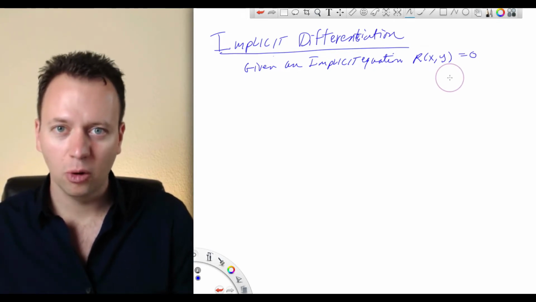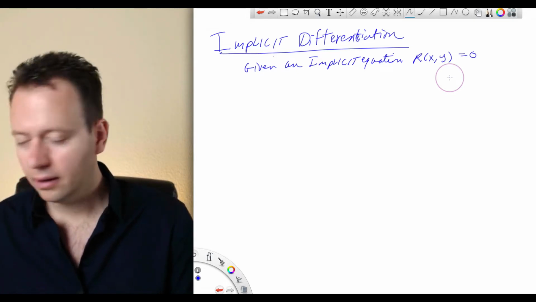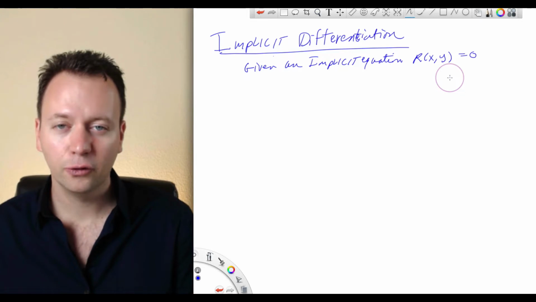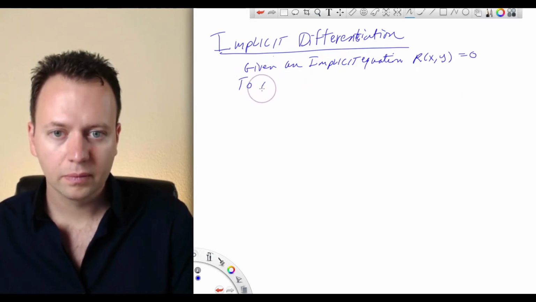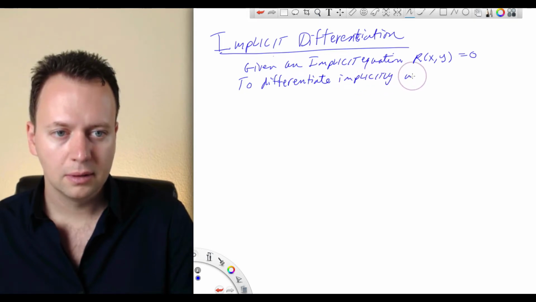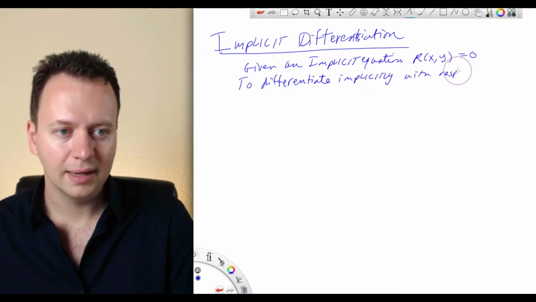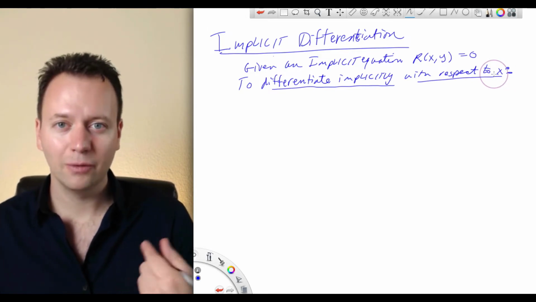to either variable implicitly. So the following will be how to differentiate implicitly with respect to x. You always have to choose a variable that you're differentiating with respect to.